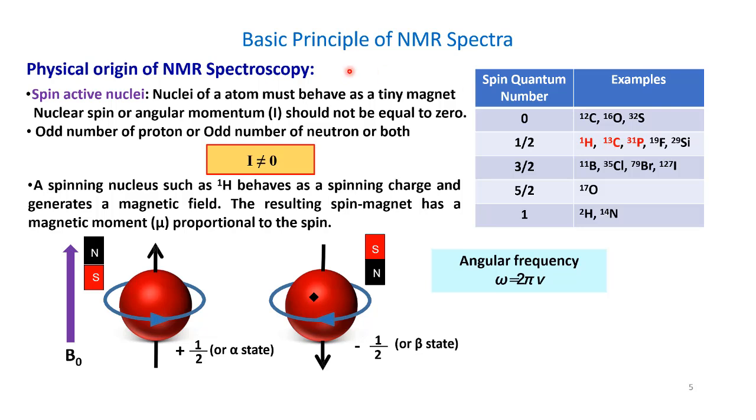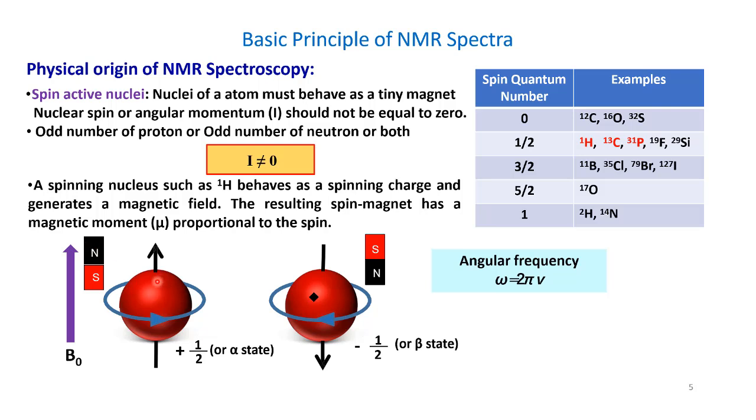So the physical origin of NMR spectroscopy: it is dependent on the spin active nuclei only, and the nuclei of an atom must behave like a tiny magnet. So when we apply a magnetic field, it will try to arrange its spin with respect to the magnetic field. Suppose the magnetic field is in this direction, with this side south and this upside north.